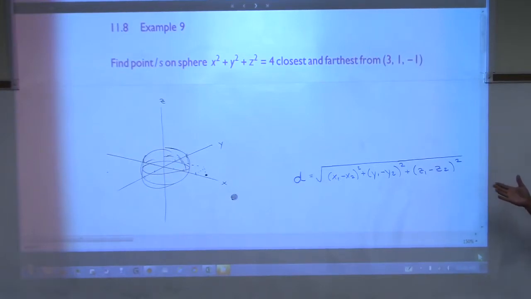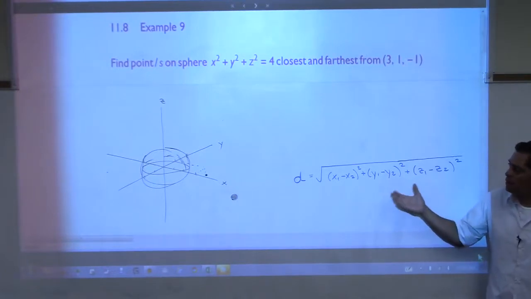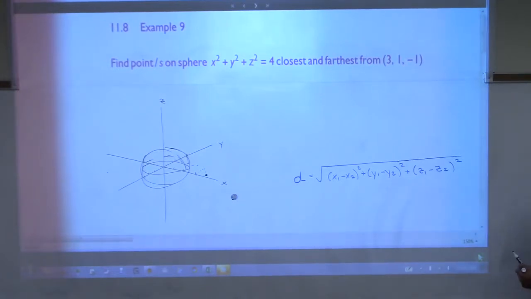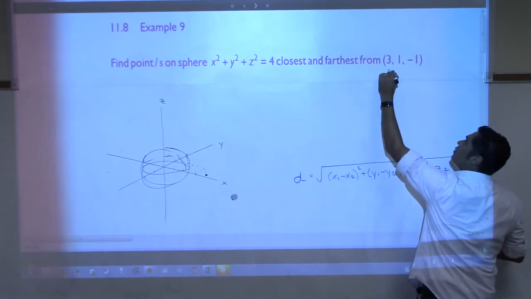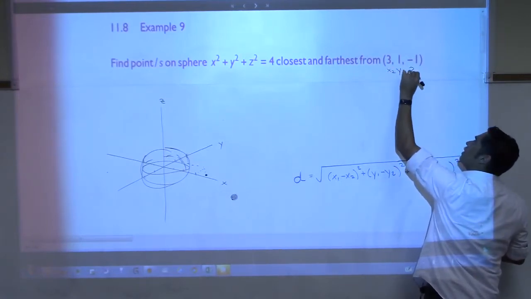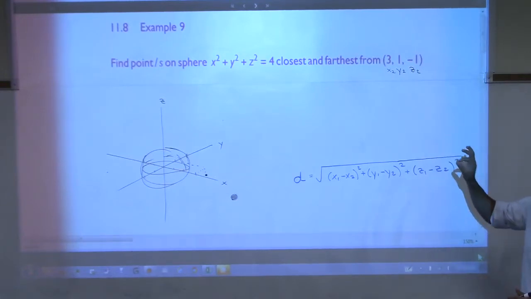So that is the distance between two given points, right? That's our formula. Now, what points are we interested in here? Well, one of the points is given, right? So why don't we call this point right here x2, y2, z2. And then the other point is what?